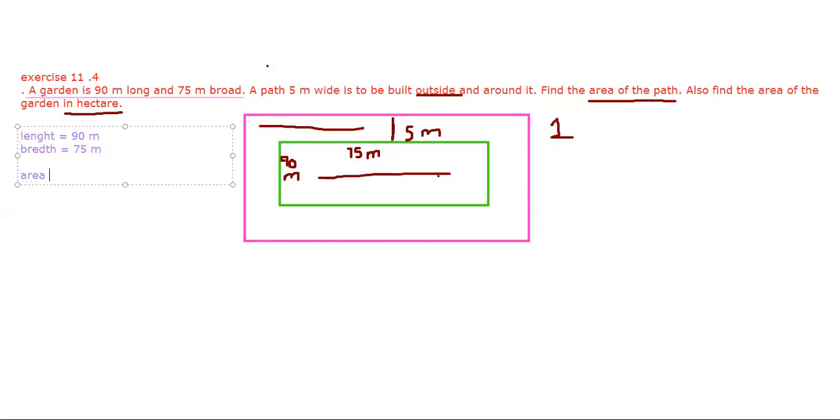Now the area of the garden, the area of the garden when the path is not included. The area of the garden will be L into B, that is 90 into 75.